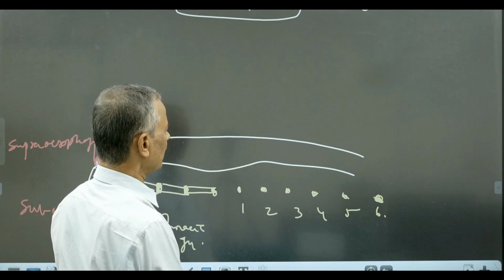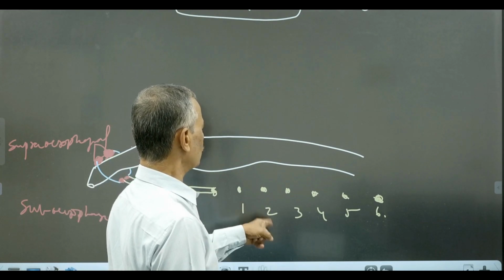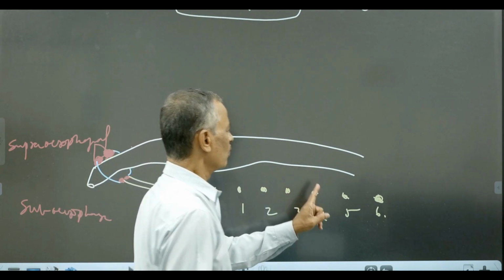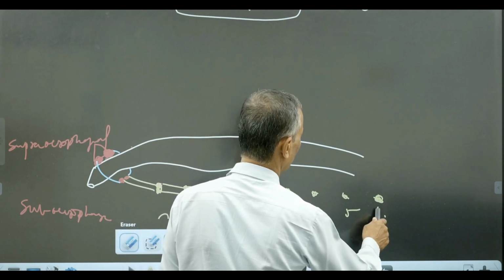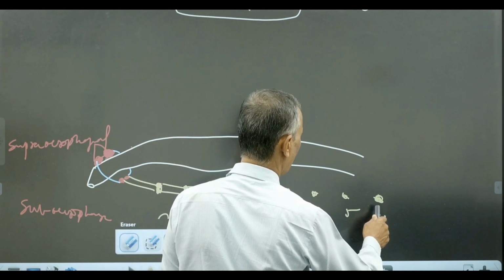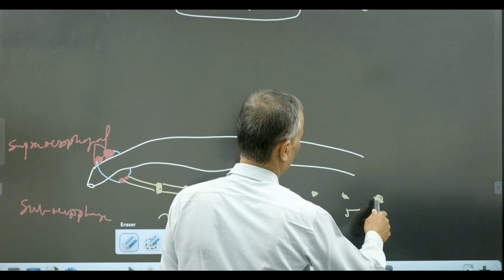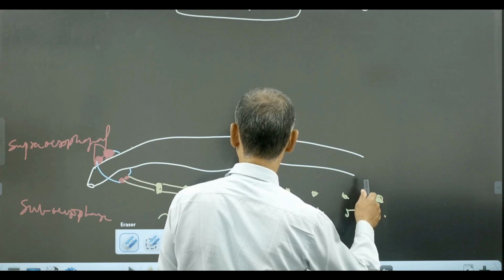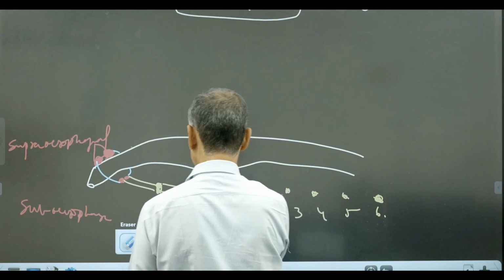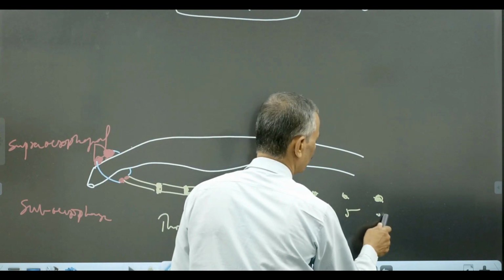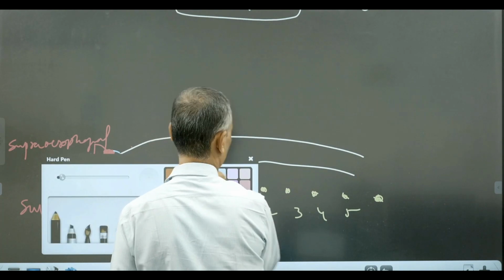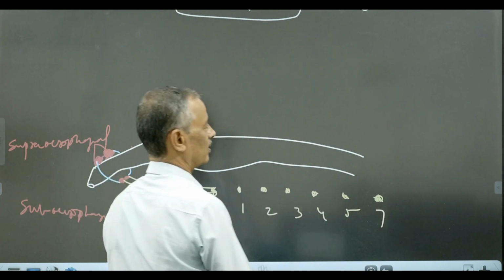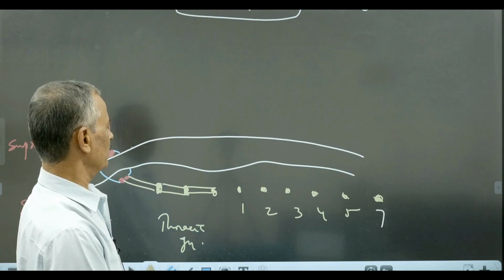They lie in segments 1, 2, 3, 4, 5 and 7. The last ganglion of the abdomen is lying in the 7th abdominal segment.